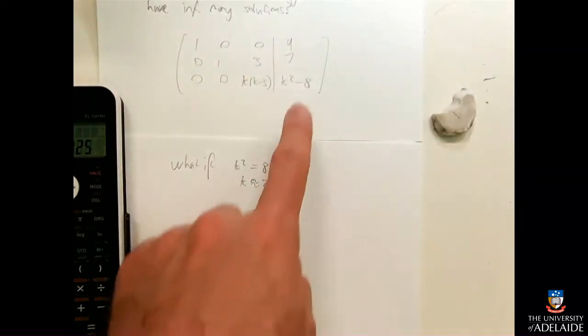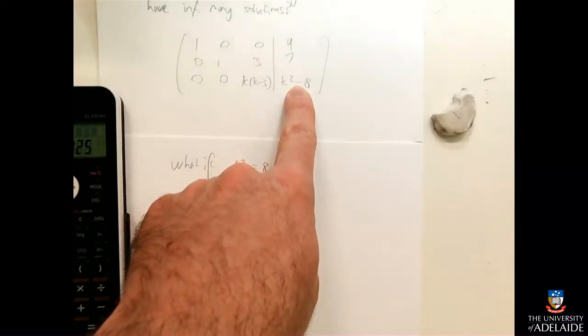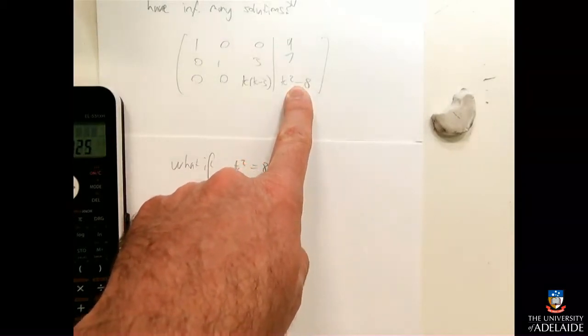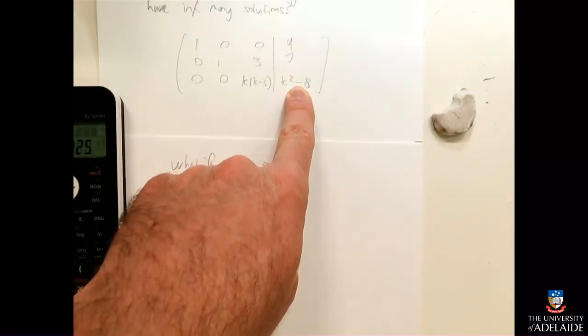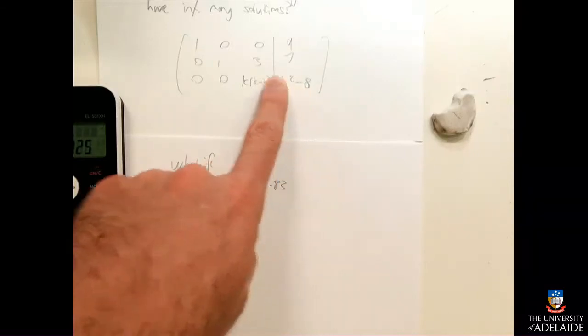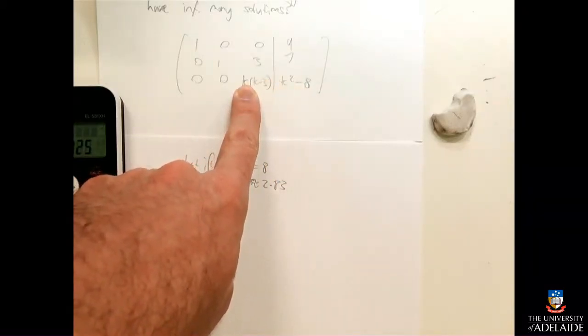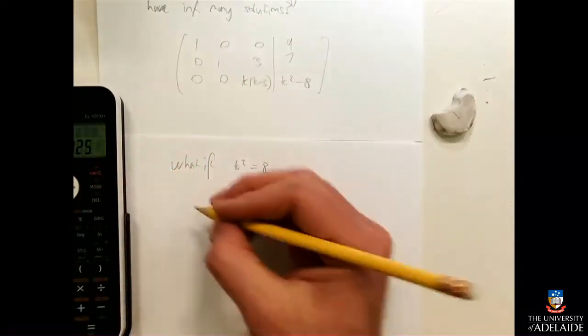Okay, and that would totally put a 0 in this position here. But to get infinitely many solutions, I need a 0 in this position here at the same time.